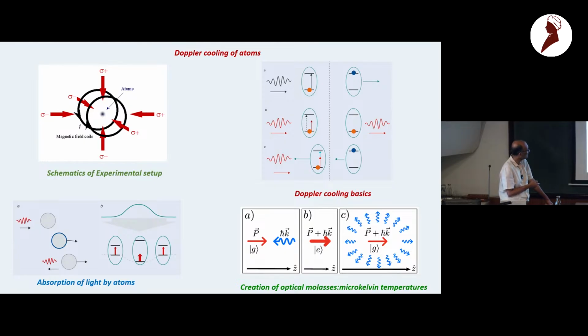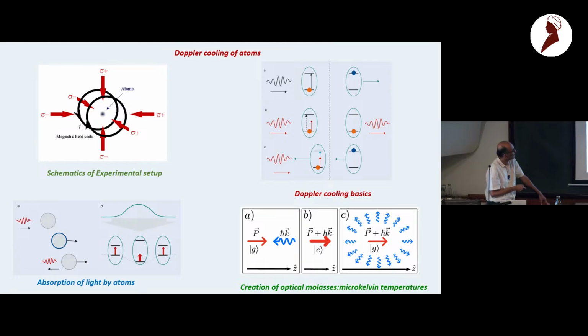So what people typically do is to use a laser whose frequency is a little bit less compared to the energy difference between the levels of the atoms, and we typically say it's red detuned, in the sense that it's detuned by an amount which is smaller than this energy difference between the two levels.